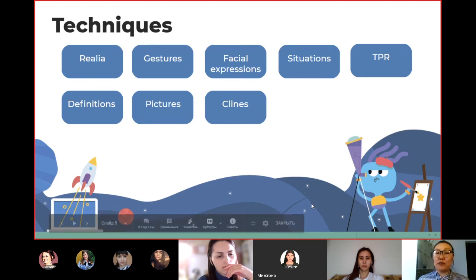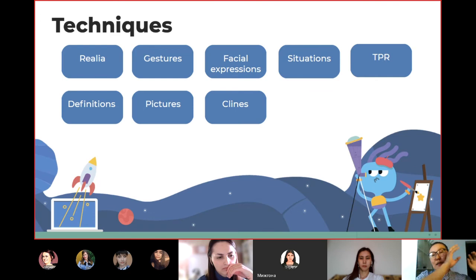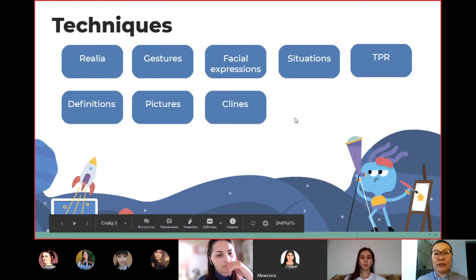For example, adverbs of frequency, when we draw an arrow and put 0% and 100%, then never, rarely, sometimes, usually, often, and always for 100%. Stages of life, for example, be born, go to kindergarten, go to school, finish school, go to a university, and so on. Something from 0 to 100%, vocabulary that can be graded.